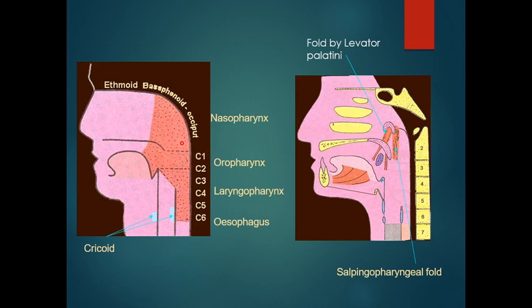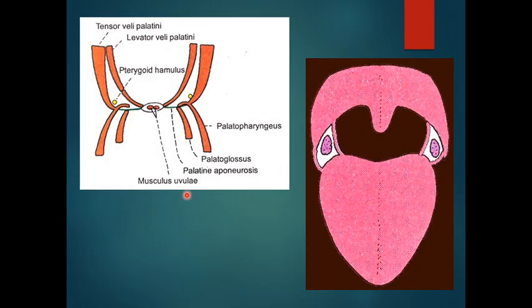In this slide, we can see the clear-cut division of the nasopharynx. Here is the oropharynx and here is the laryngopharynx. Here again are the palatoglossal arch and palatopharyngeal arch. In between these arches, there is presence of the palatine tonsil.